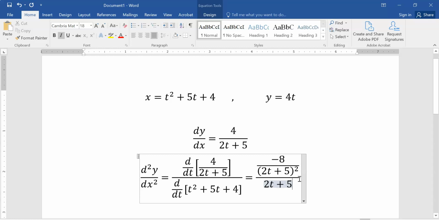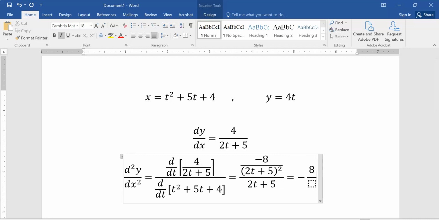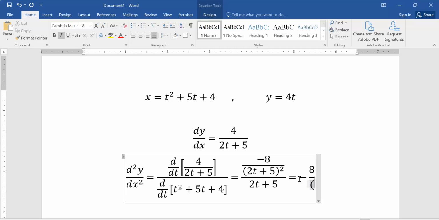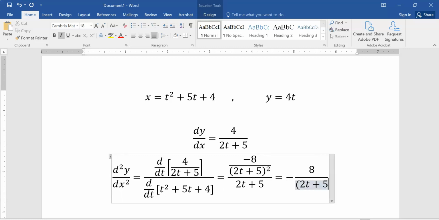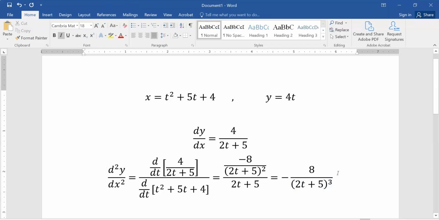So notice we can simplify that if we'd like. That's negative 8 divided by 2t plus 5 cubed in the denominator. So that's one way to write it. There's other ways as well, but that's the idea.